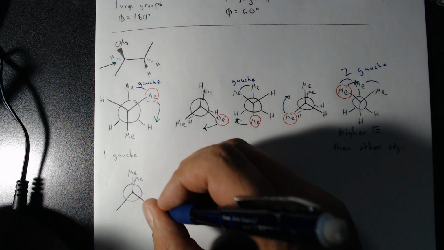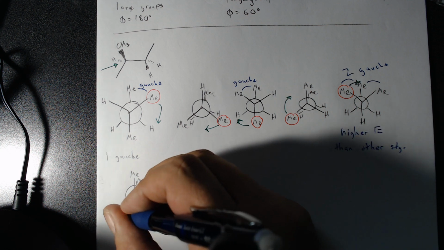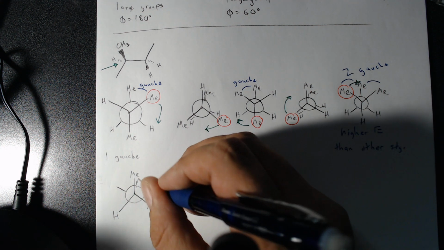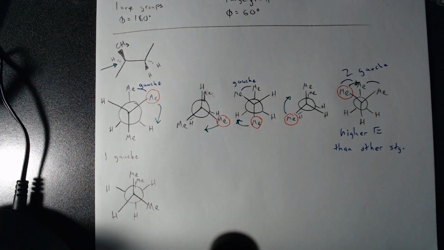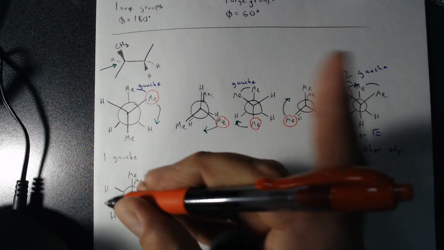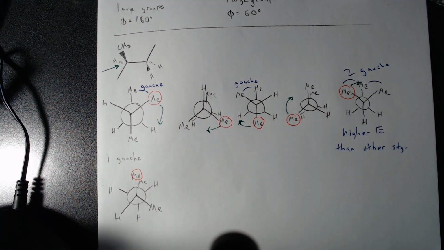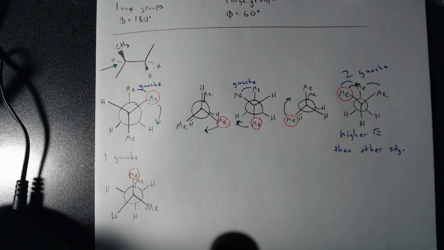This other methyl is over here. And I believe everything else is the same. All right, and then doing this one more time would just bring it back to the start. All right. Are there questions about this one?